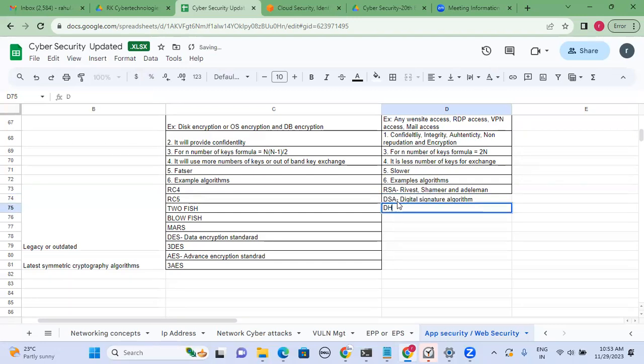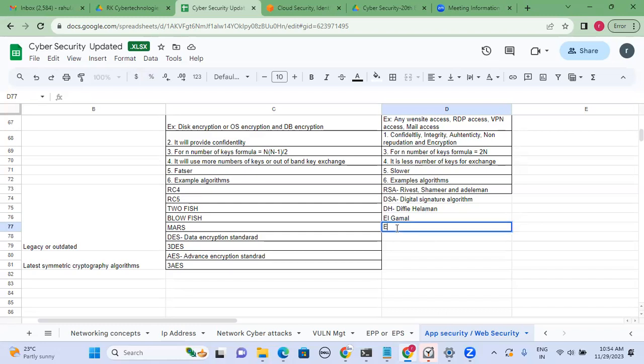Third one is DH, Diffie-Hellman. Next one is ElGamal. ElGamal is a scientist name, and Diffie-Hellman also is a scientist name. Whatever algorithm they invented, they directly put their name on it.